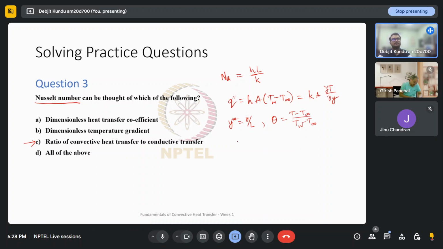These are my two non-dimensional quantities, and I'm writing what dou T dou y should be in its non-dimensional form.